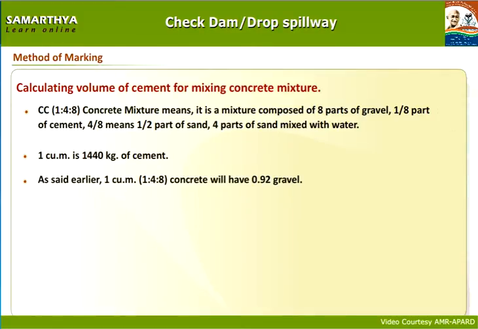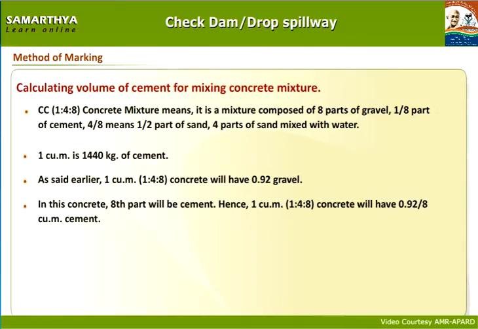As said earlier, 1 cubic meter of 1:4:8 concrete will have 0.92 gravel. In this concrete, 1/8 part will be cement.